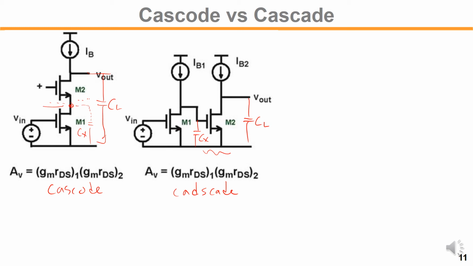The impedance looking into here would be 1 over GM, but the impedance looking into the drain of M1 would be RO.